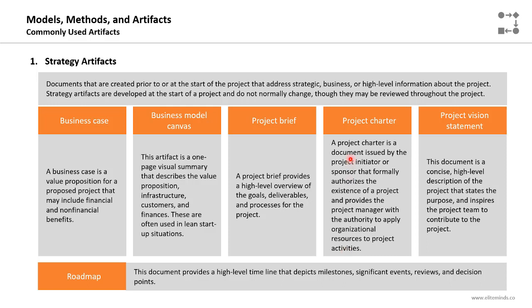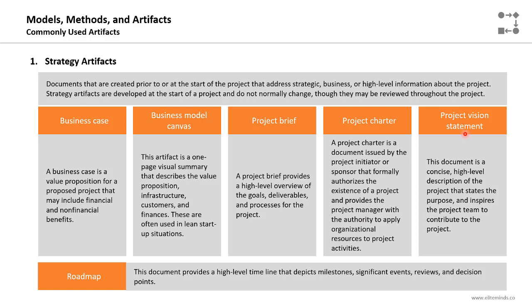So think about the project charter as the formal, internal contract between the organizational management and the project manager. Once it is signed or approved by the sponsor, it will formally authorize the existence of the project. It's the birth certificate of the project that will give the project manager the authority to use the organizational resources.